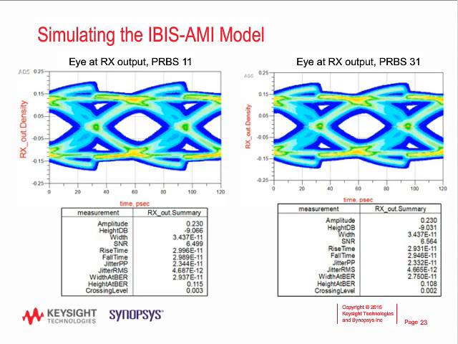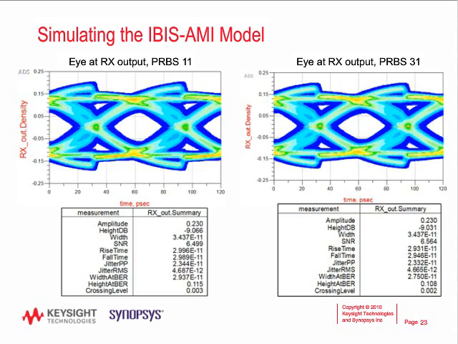As we all know, no one likes surprises. These two simulations with the two different PRBS patterns resulted in eyes that are very similar in eye dimensions and other specs. This gives us confidence that the correlation between simulation and measurement that we are seeing at PRBS 11 would also apply to PRBS 31.